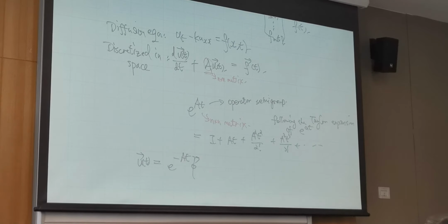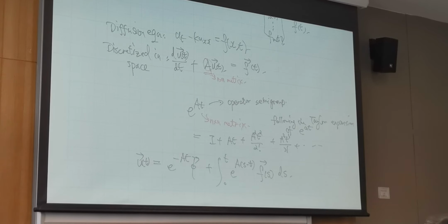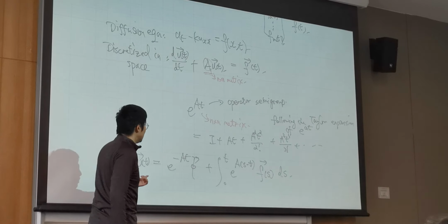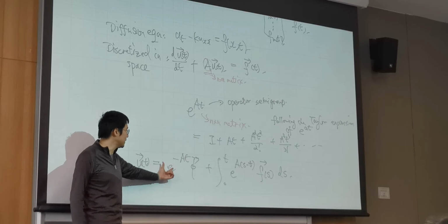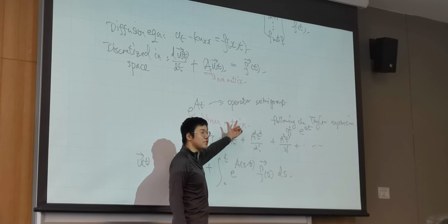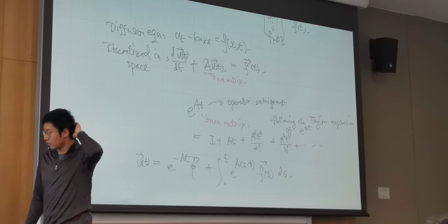Plus the integration from 0 to t of e to the A(t minus s) times f(s) ds. So that's good. This is the solution of this ODE by using the operator semigroup for A, or by using the symbol e to the At.